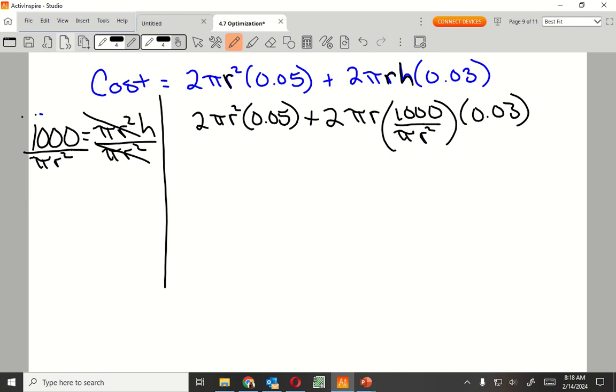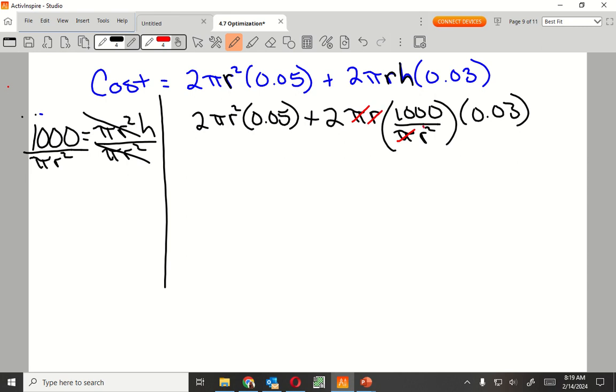Now let's simplify before I do anything crazy like do the derivative. So what's going to happen to my pi's over here? Pi's are going to cancel, right? Okay, pi's cancel. What about I have an r and an r squared? I'm going to cancel one of the r's, so the one up here is going to cancel.